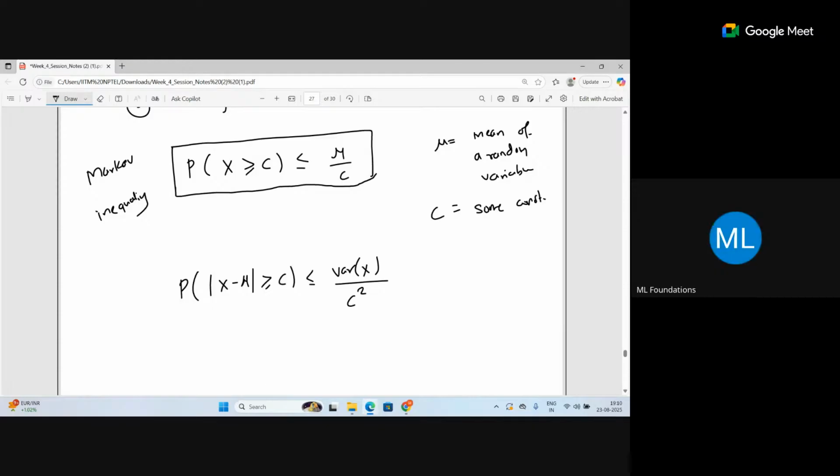There are different variations to that. Let's say c is equal to k sigma.